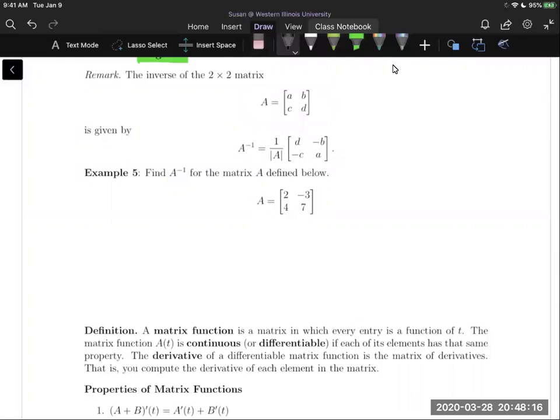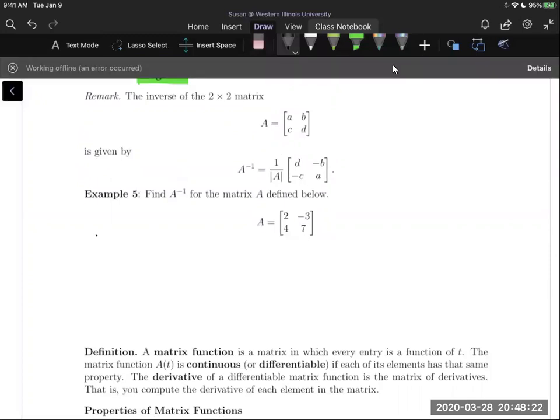All right, and so let's just do an inverse matrix for practice. We're given the matrix A. Let's go ahead and find the determinant of A. So that's going to be 2 times 7 minus negative 3 times 4. So 14 plus 12 for a total of 26. So the determinant is 26.